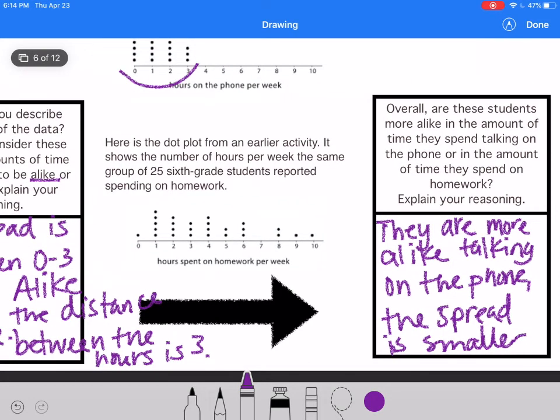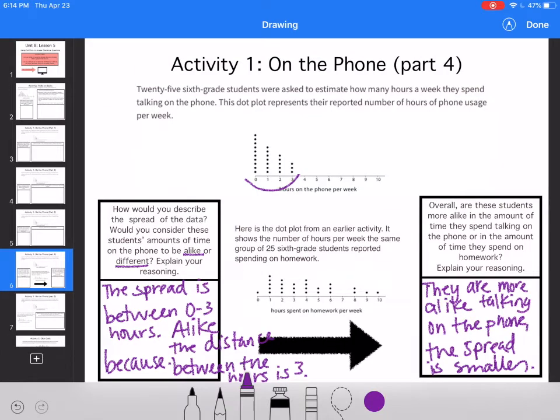So the smaller the spread, the more alike it is. So the greater the spread, the less alike it is.